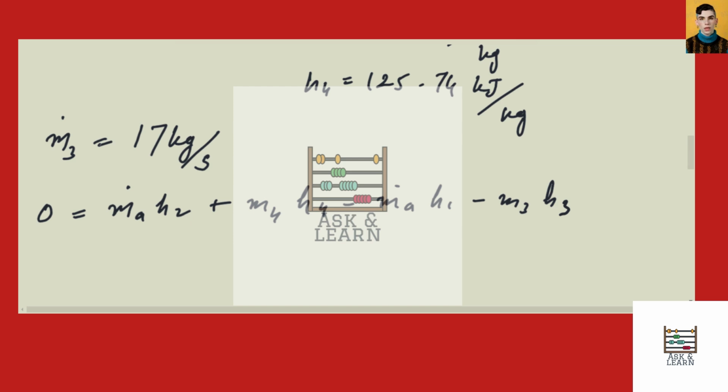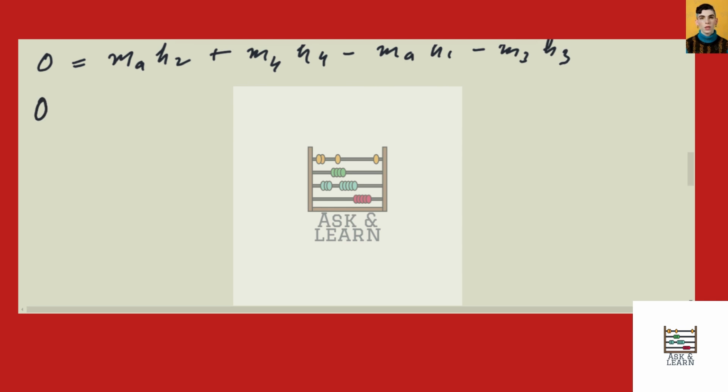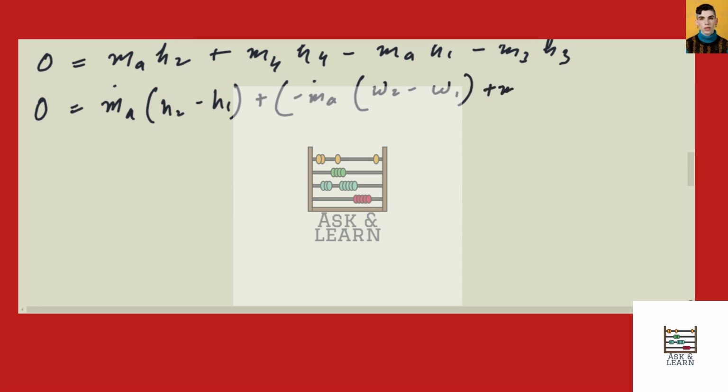Alright guys, next we have 0 is equal to Ma into H2 minus H1 plus minus Ma into W2 minus W1 plus M3 into H4 minus M3 H3.